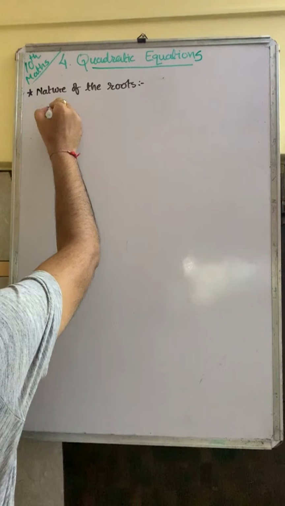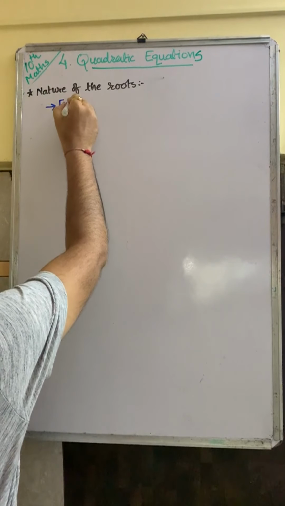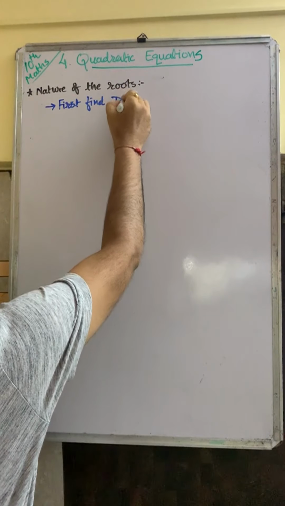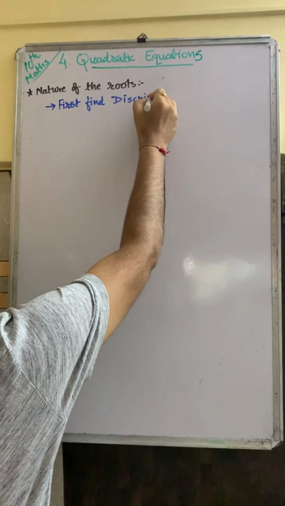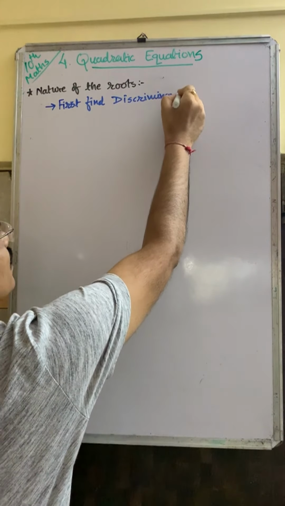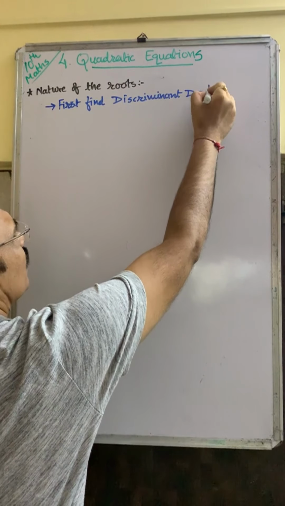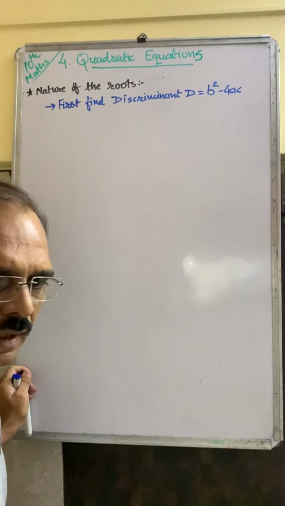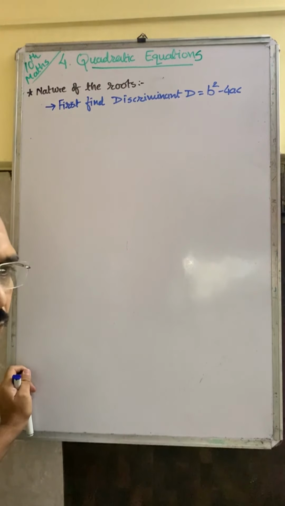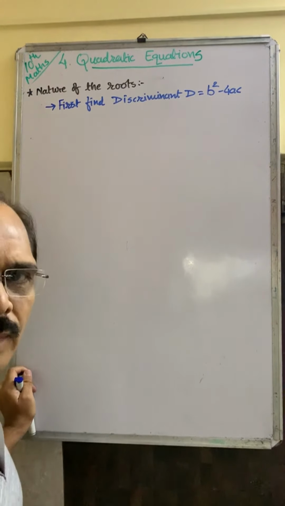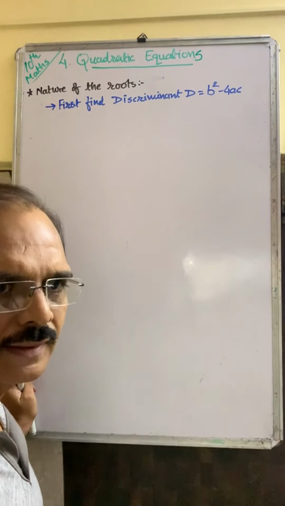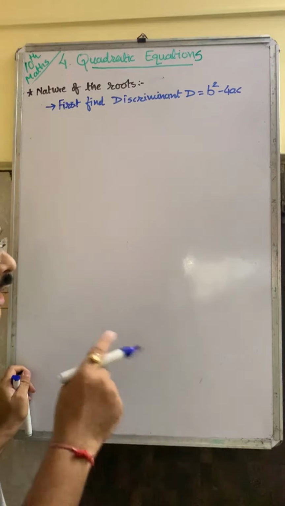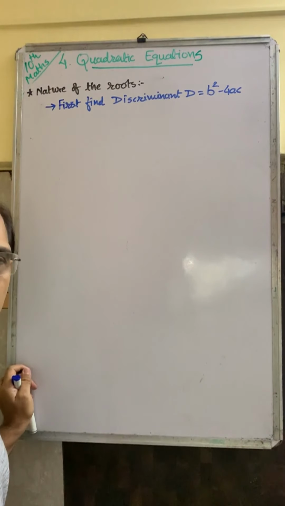First, find out discriminant D. You know that D equals B square minus 4AC. Equation is given. From this equation, you know A is the coefficient of x square, B is the coefficient of x, and C is the constant term.